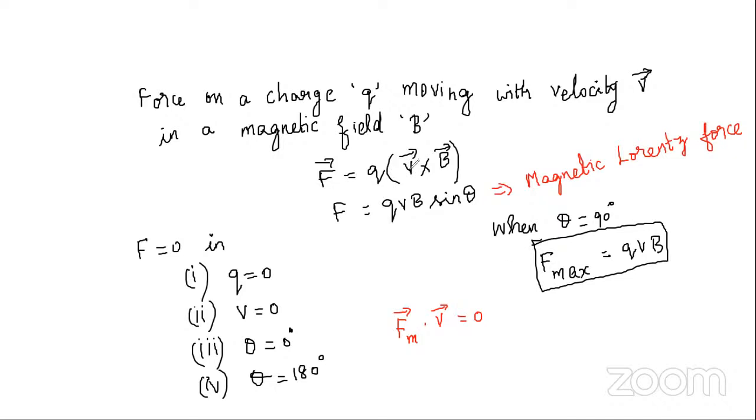Perpendicular means an angle of 90 degrees. In the dot product Fm dot V, you have Fm into V cos theta. Since theta is 90 degrees, the entire result becomes 0. So Fm dot V equals 0.